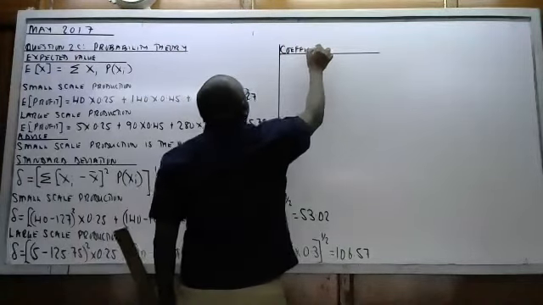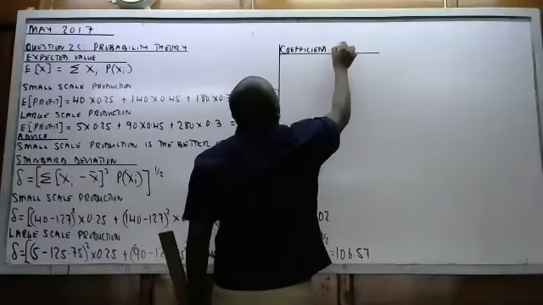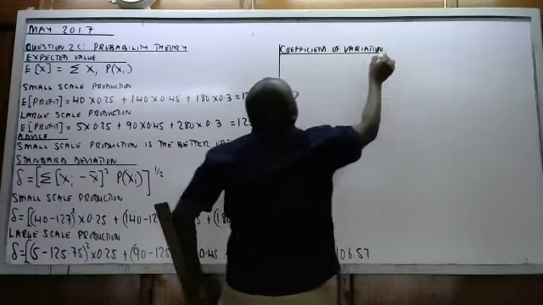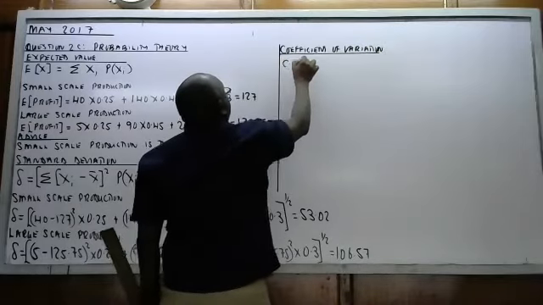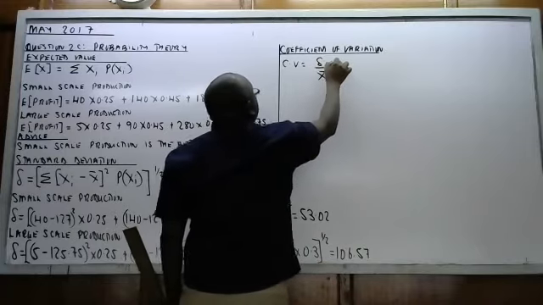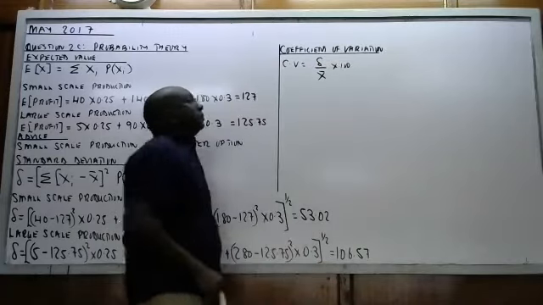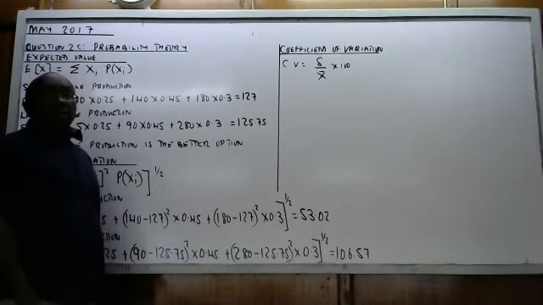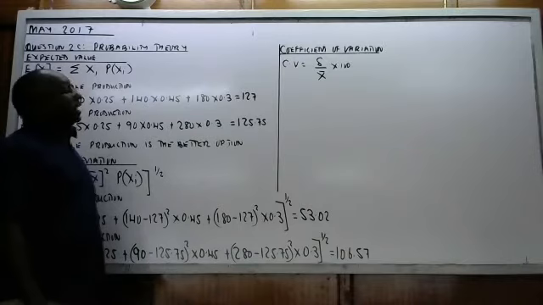Now, CV is given as standard deviation divided by the mean times 100.